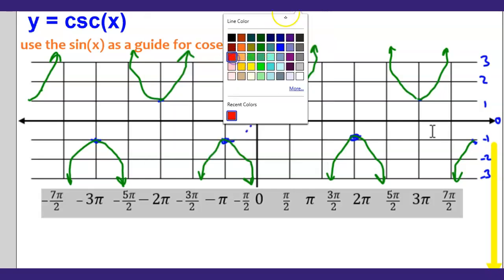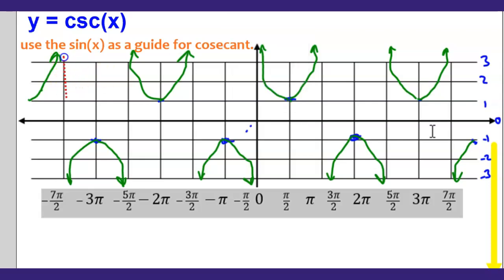Let's go with a color. Here's an asymptote. Here's an asymptote. Here's an asymptote, and another, and another, and another.